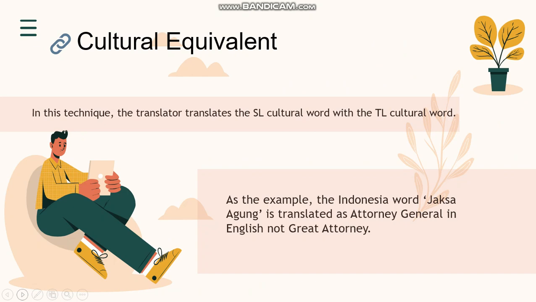Another example is the Indonesian word si brengsek, which is translated as son of a bitch in English and not anak anjing. So the translation uses are limited since they are not accurate, but they can be used in general text, publicity, and propaganda, as well as for brief explanation to readers who are ignorant of the relevant source language culture.